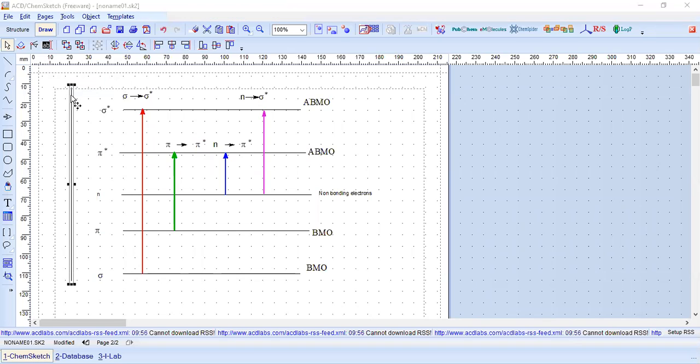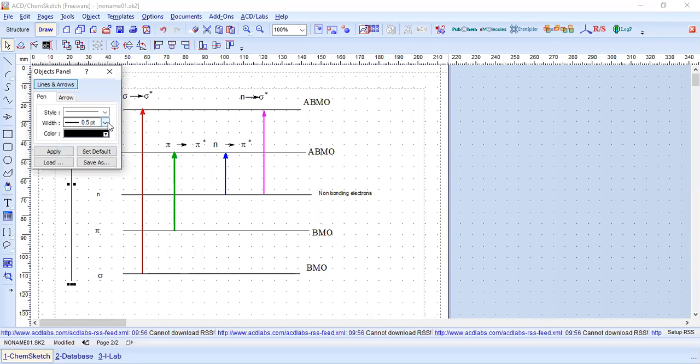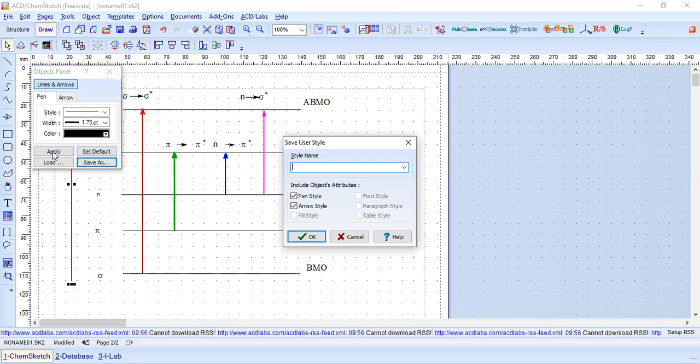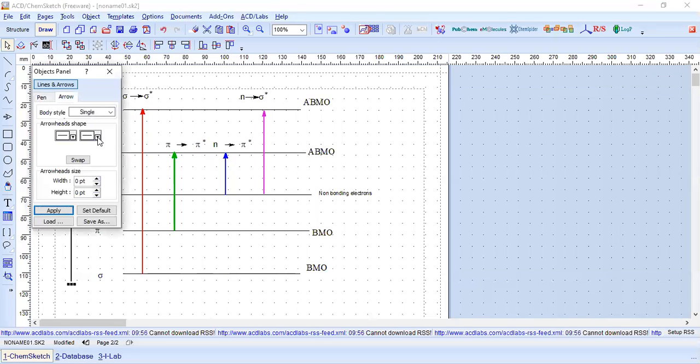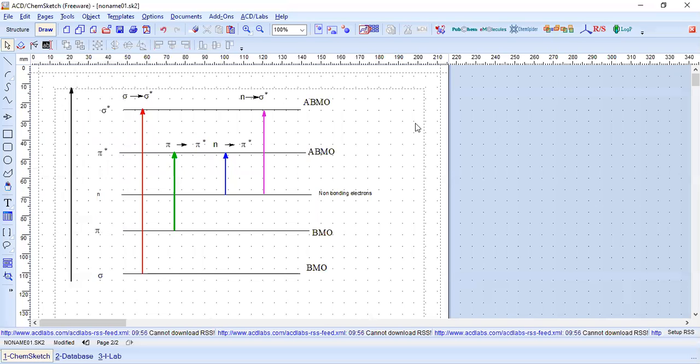What is meant by vacuum UV? 100 to 200 range, below 200. These are the electronic transitions.